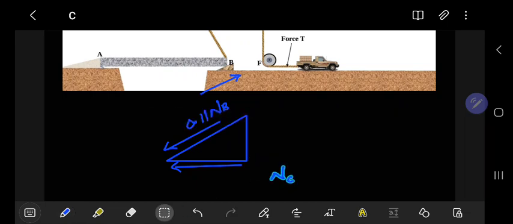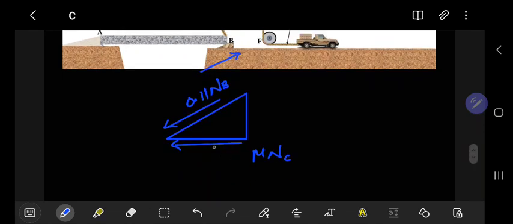So this is going to be the normal at the bottom multiplying the coefficient of friction between the ground and the wedge. So this NC has to be the normal force from the ground acting onto the wedge. This is what NC is. So this is just now a free body diagram for the wedge itself. Now we just need to find this coefficient of friction between the wedge and the ground.